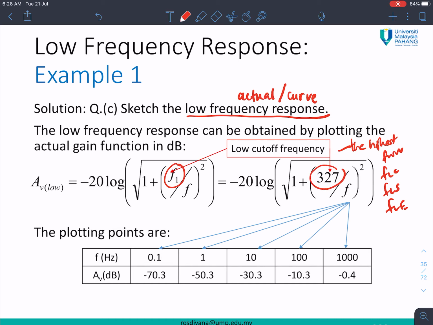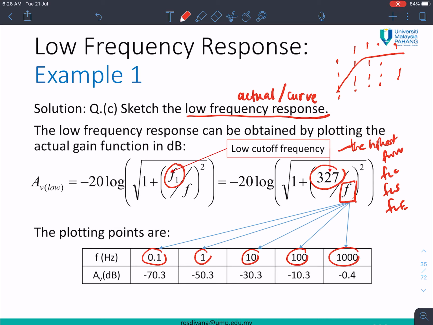So 327. Once you calculate this frequency, we take many points compared to the asymptote because we want to make a curve. The curve is like this. So assume that you will take many points from the beginning. I start with 0.1, 1, 10, 100, and 1000. Why 1000?